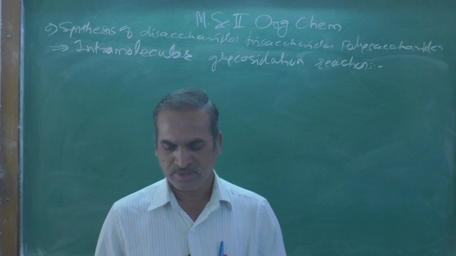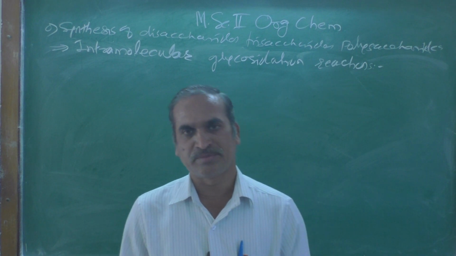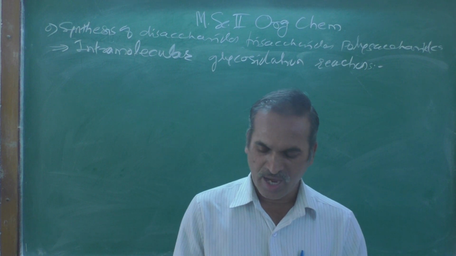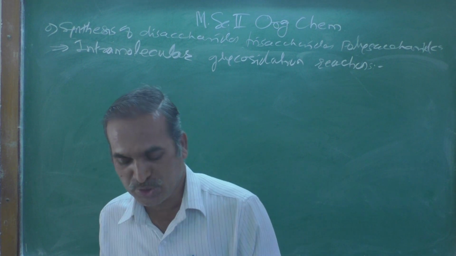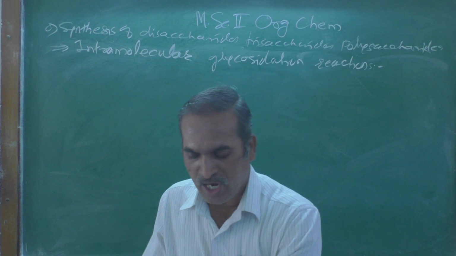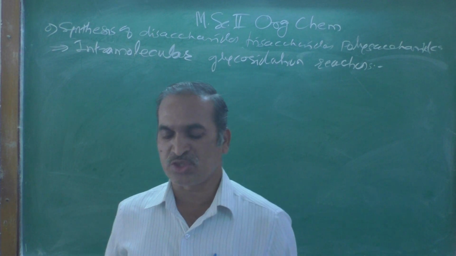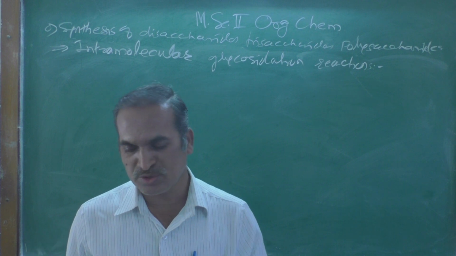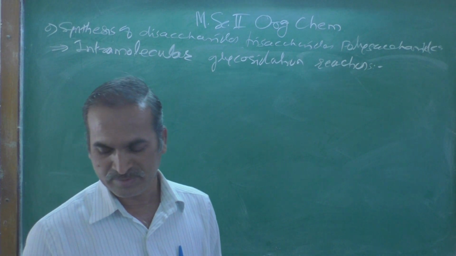In this review, we define the term intramolecular glycosidation reaction as a type of reaction in which the glycosyl donor, the glycan, is linked to the glycosyl acceptor, the aglycan, by means of a tether, producing an O-glycosidic bond, which is represented in scheme number 1.